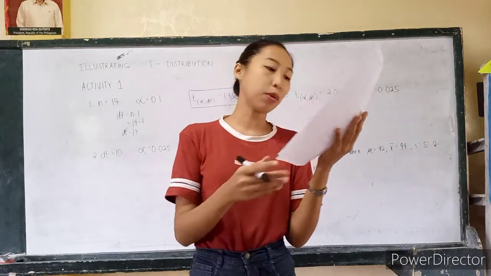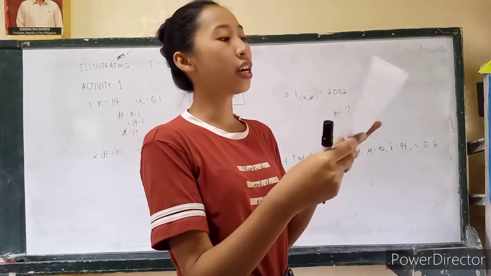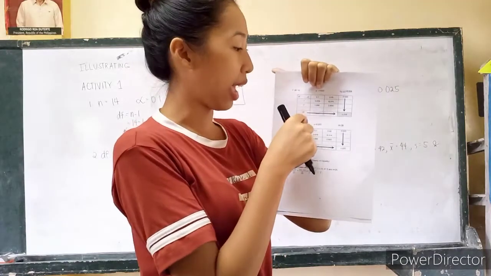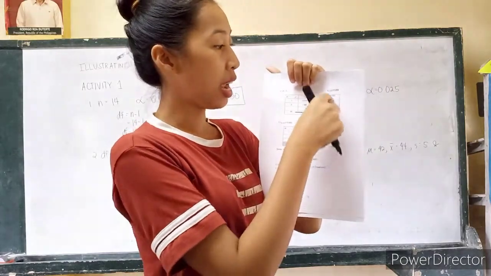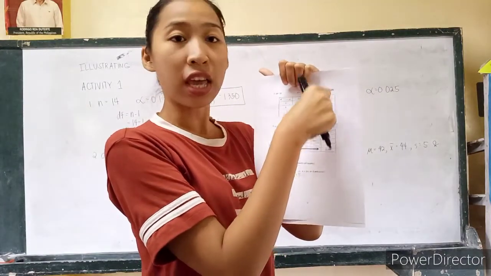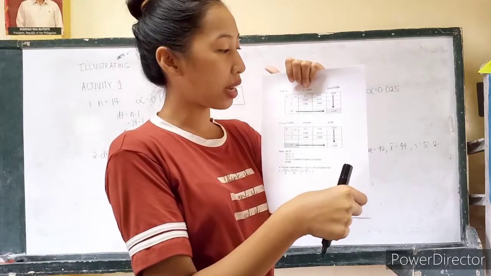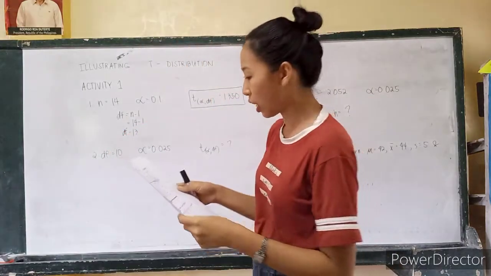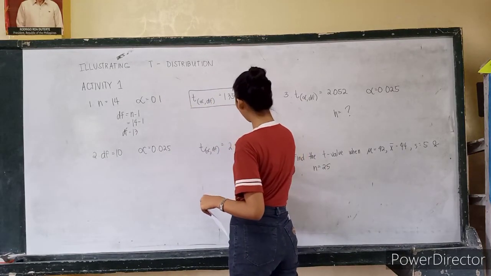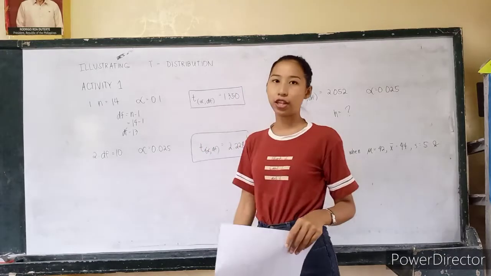Using your t table, you can see that for the 10th df, and then at the top 0.025, at their intersection, where they meet, the value for t is 2.228. That is your t value.